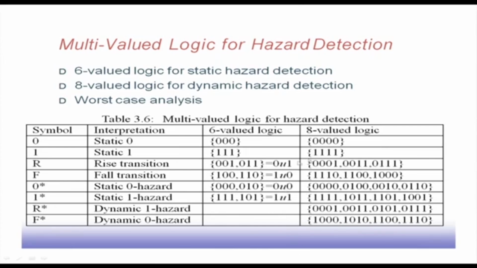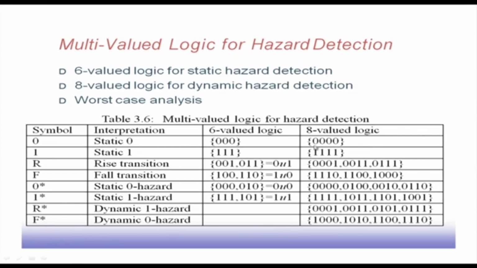In this way these logic values have been assigned to different symbols, so that if you do AND or OR operations over them, you will be getting the corresponding symbols. For example, if you are doing AND of static 0 and static 1 lines, you do a bitwise ANDing, so you get all 0, so that is 0. 0 and 1 is 1. On the other hand, if you are ANDing 0 and this falling transition, it is basically given by individual bitwise ORing.